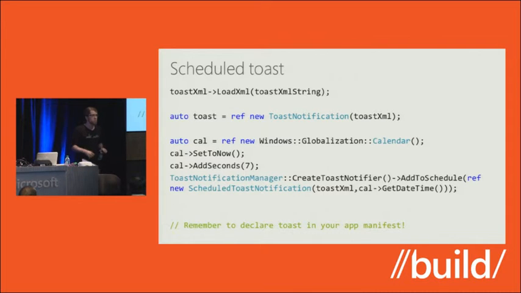You can make sure that that event happens at the user's machine at that specified time. Now, the one caveat, all the people I've worked with who have tried to implement toast with C++ or other languages, they forget to declare toast in your app manifest. So your C++ code might be beautiful, but make sure you declare toast in your app manifest.